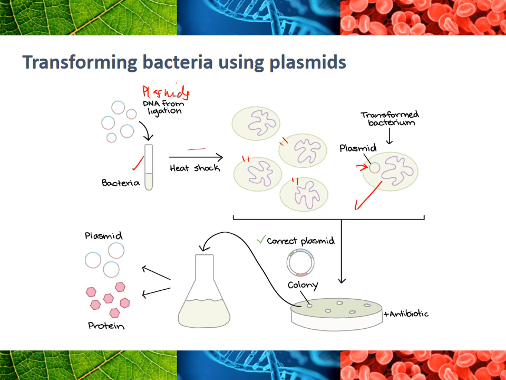Remember some bacteria don't transform. All of the bacteria are on a plate and we put an antibiotic there and it kills off all of these non-transformed bacteria, and we are left with transformed bacteria that produce colonies, and then from there those transformed bacteria produce proteins.